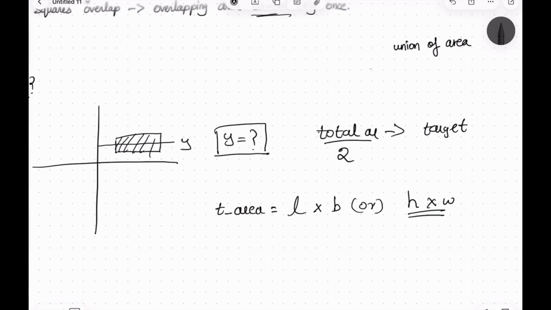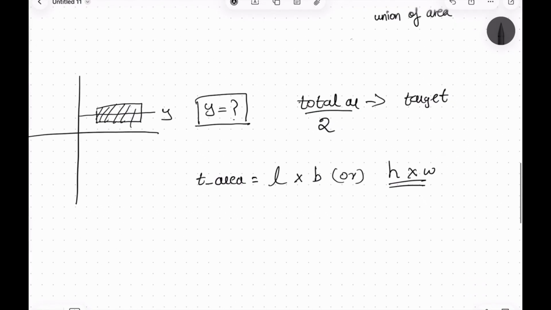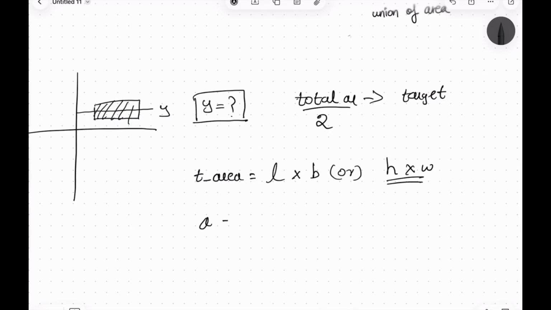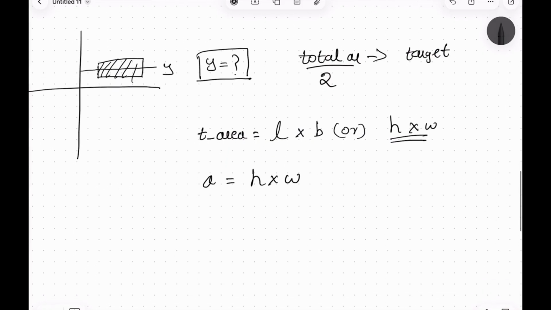In this case we are taking height cross width because of the grid we are using for this particular problem. So we can have area is equal to height cross width, and now height is equal to area by width, right?